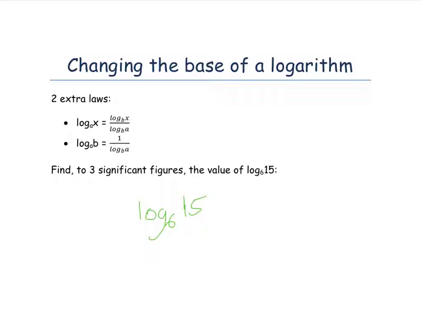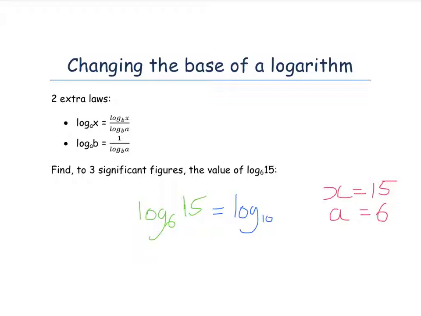Firstly, in this question, what is our x? Well, our x is 15 and our base value for the log, a, is 6. That's going to be helpful when we're using the rule. So log to the base... Now, as I said, you can use any value you want, so I'm going to use 10.